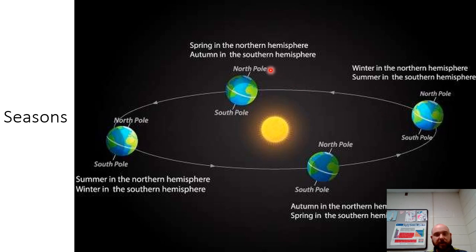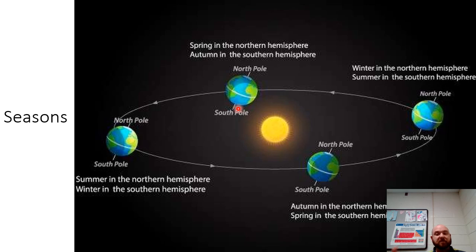Now, you may be getting to the point where you realize that these positions here are what we call equinoxes. So during the spring and autumn equinoxes, because the tilt of the Earth doesn't change very much, as it gets to this point right here and this point right here, there's a point where the northern and southern hemisphere are getting the exact same amount of light all day long, and they're getting about the same direction of the rays.